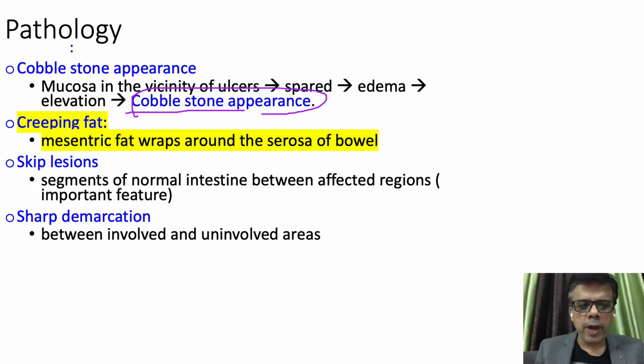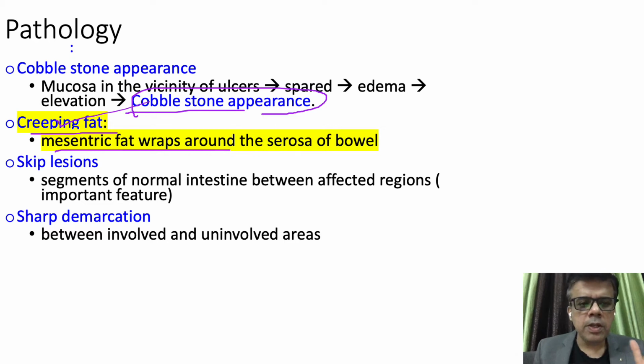Creeping fat occurs especially where there is severe transmural inflammation. In those cases, mesenteric fat wraps around the serosa of the bowel, and this is one of the most specific signs of Crohn's disease. So please remember this. This is a very important vignette for you.